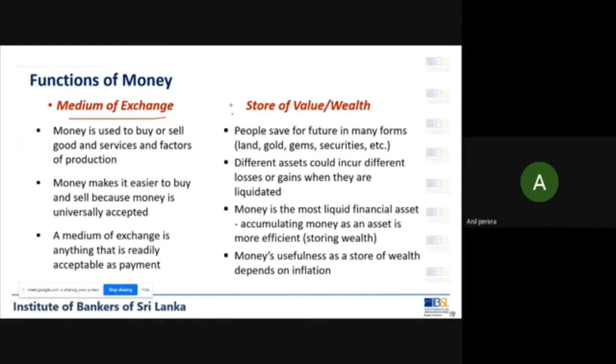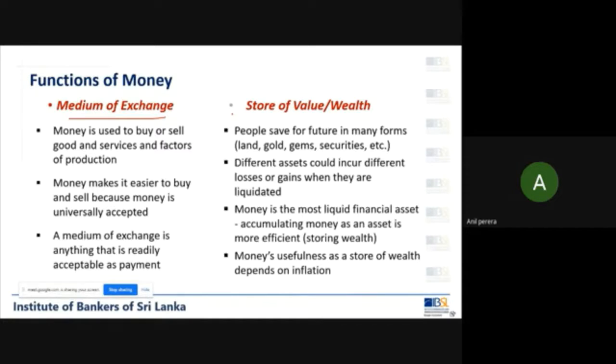Why do you use money and what is the importance? Using money makes it easier to have these transactions. Because we already know money is a kind of universally accepted asset. So as a result, you can use money as a medium of exchange.